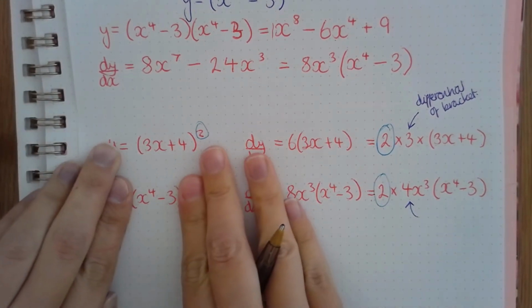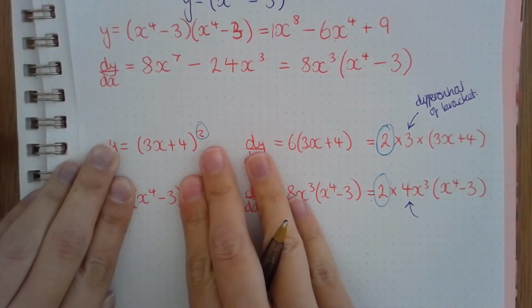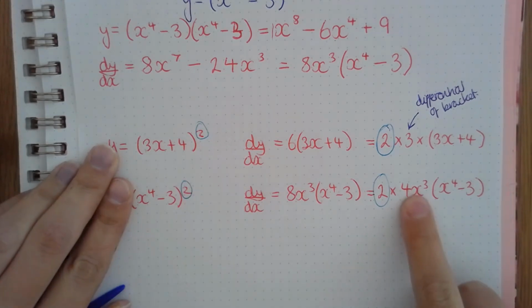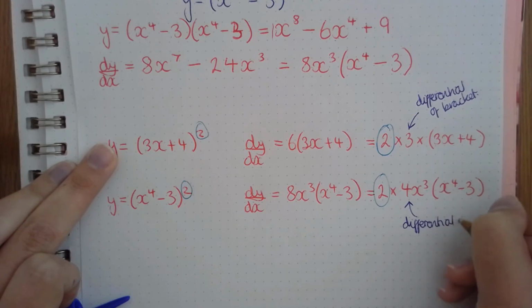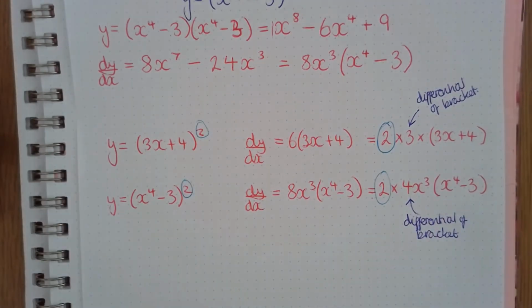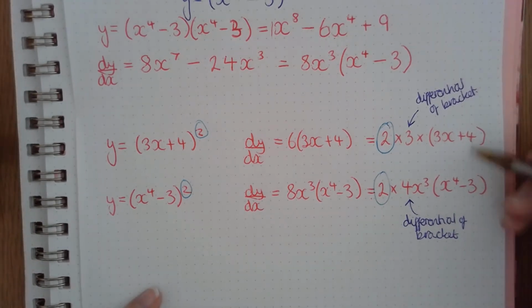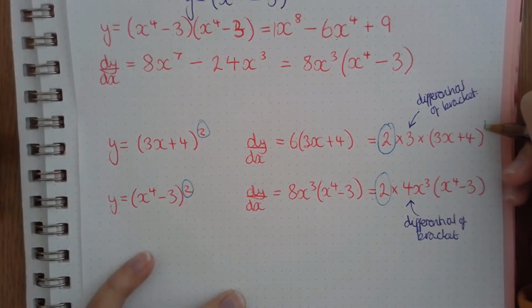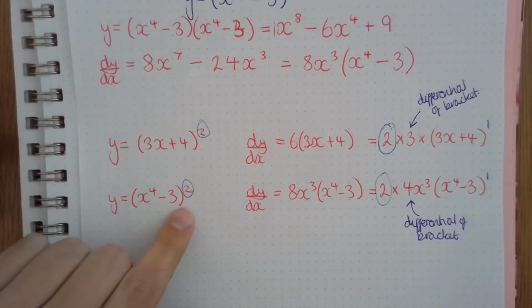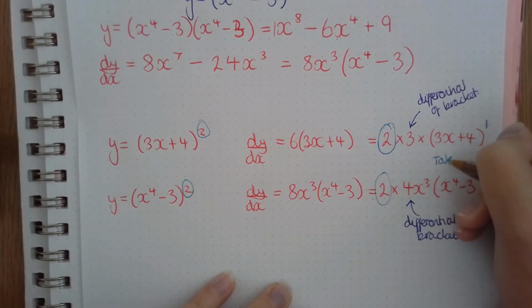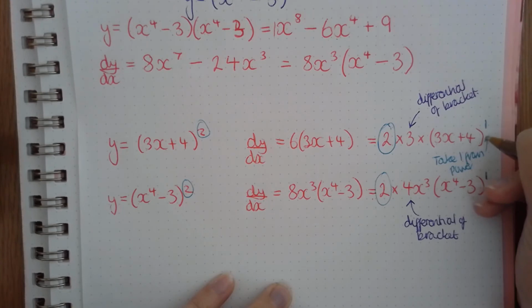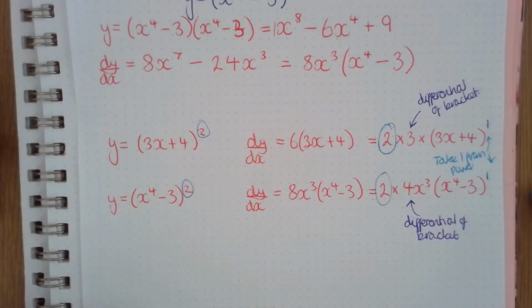If you differentiate x to the power of 4, take 3, you get 4x cubed, which is there. So that's the differential of the bracket. Then we have the actual bracket itself, but the power is now 1, so we've still taken away 1 from the power.